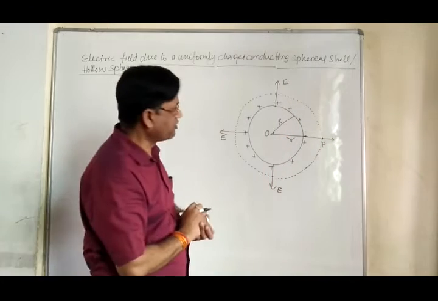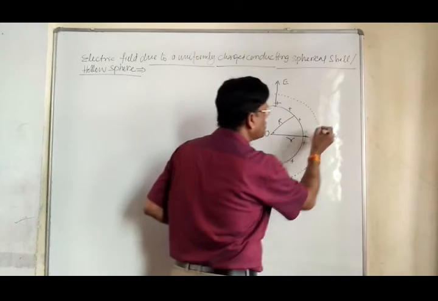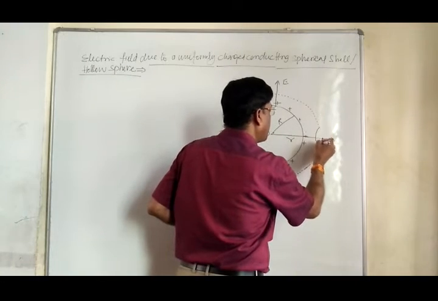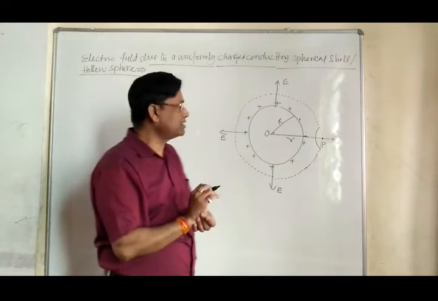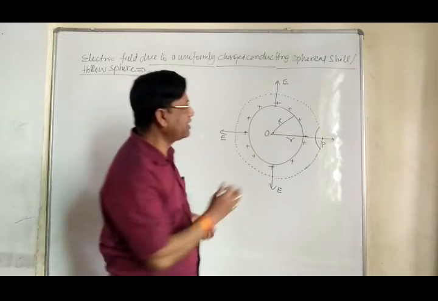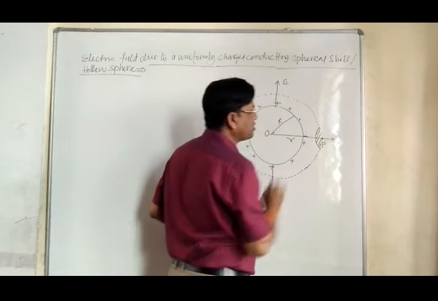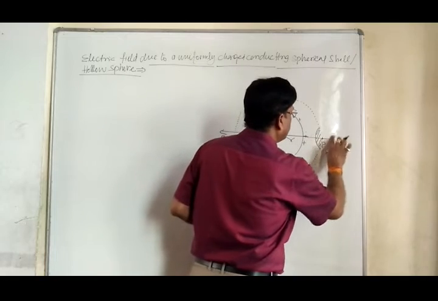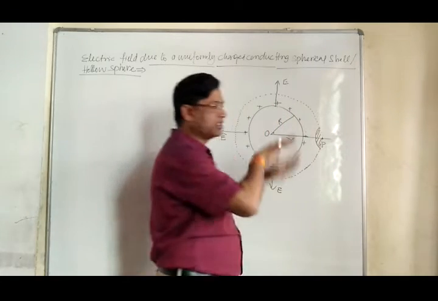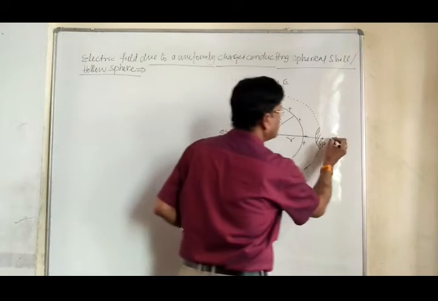This is the Gaussian surface. Thereafter, we will choose a small element of area vector. A small area we will choose. So let us consider this small area is chosen. The area vector is the normal to the surface, that is this.